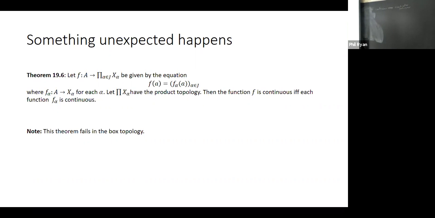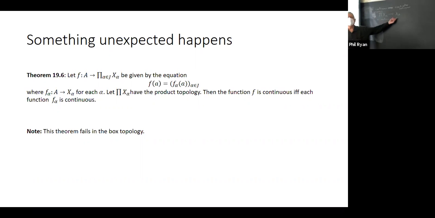And the reason for that is, well, you just look at the projection functions. Right, so the projection function from the product to, let's call it beta, to X beta is obviously a continuous function in any topology.